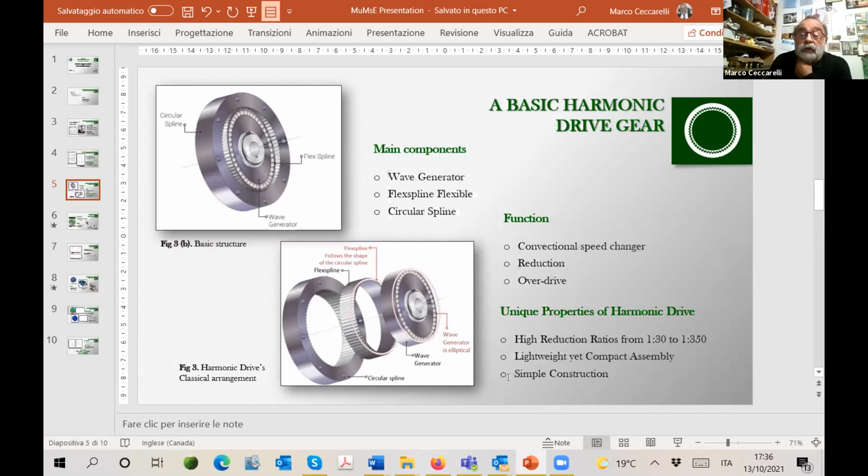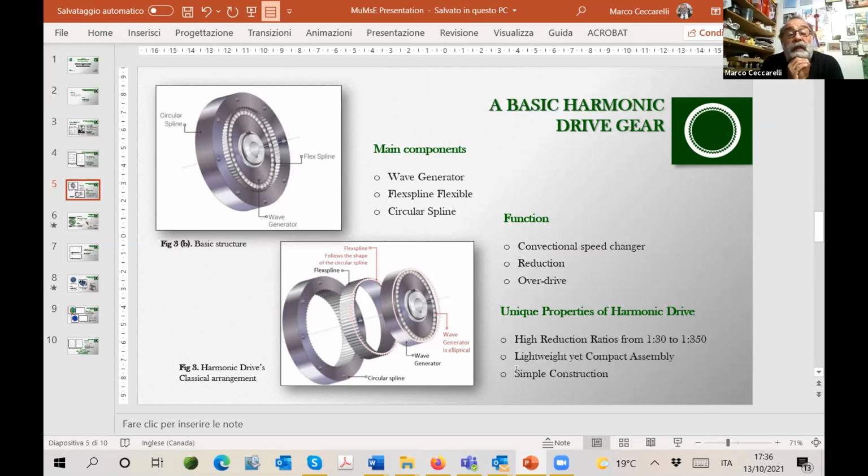Also, compared with competing gearboxes with many more elements, there is the simple construction, summarized by the three components that I just outlined.